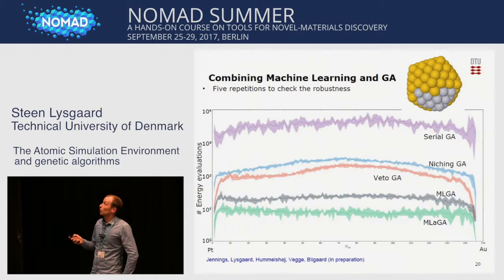So in order to determine the convex hull, here's plotted how many energy evaluations are needed per composition, and this down here is the composition between platinum and gold. And you can see it's between 1,000 and 10,000 evaluations for just doing it the simple way.